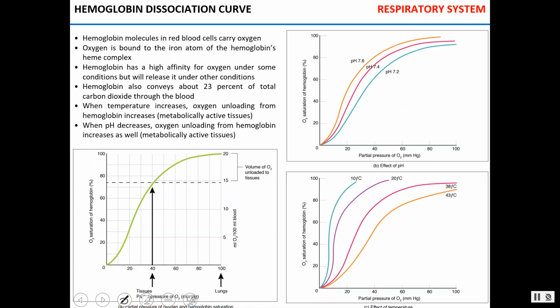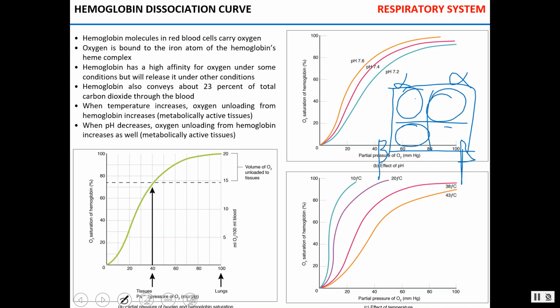Now, hemoglobin in the red blood cells carries oxygen. That's the function of hemoglobin. It consists of the protein component called globin, and hemoglobin consists of 4 subunits, alpha and beta. Inside of each subunit is the molecule of heme, and inside of each molecule of heme is an atom of iron.